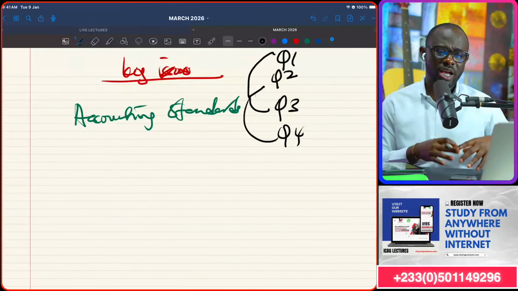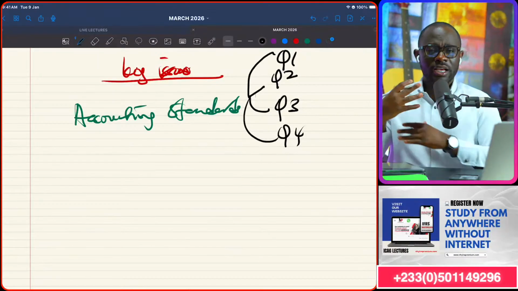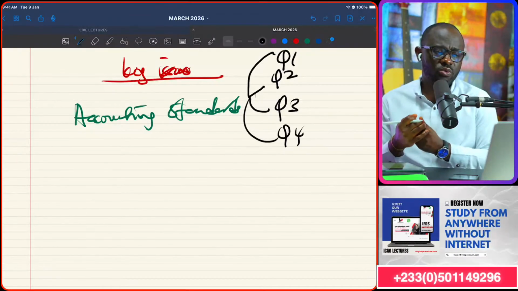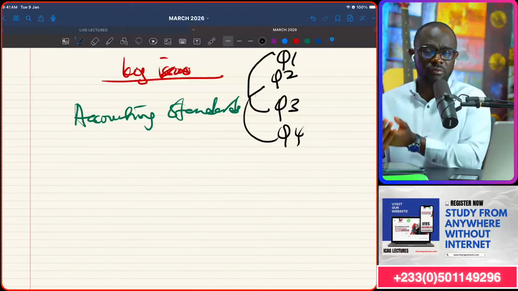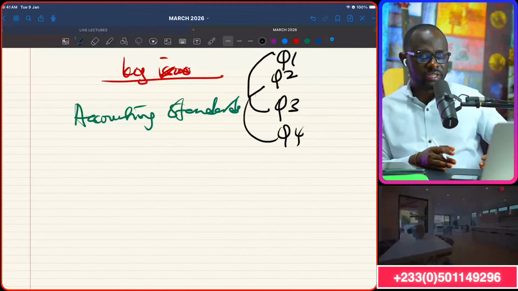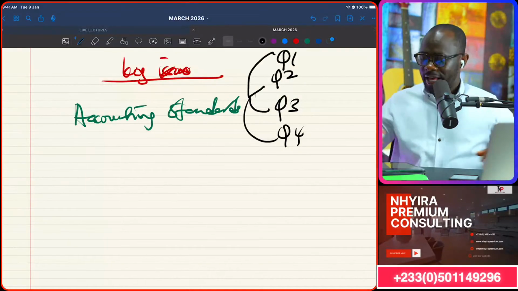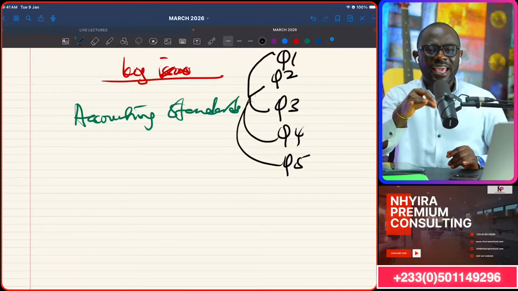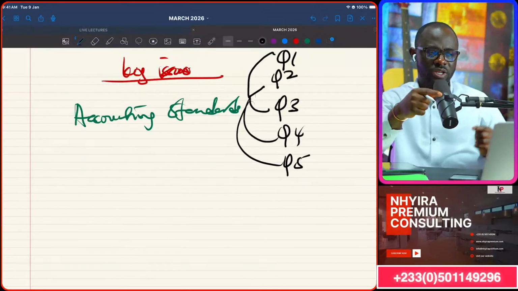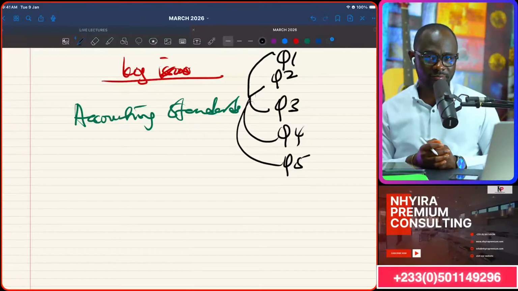Because sometimes when it comes to the evaluation of financial statement, there are types of questions where the examiner will ask you to adjust the financial statement with footnotes, calculate ratios, then you write the interpretation. Then in the question 5 theory area, we can have a dedicated 5 marks or 3 marks question on an accounting standard.